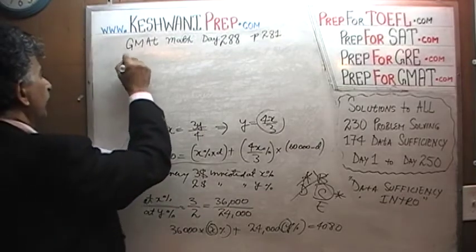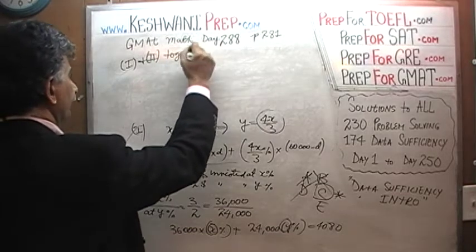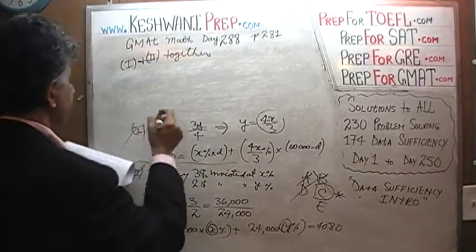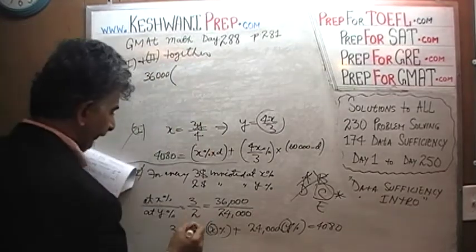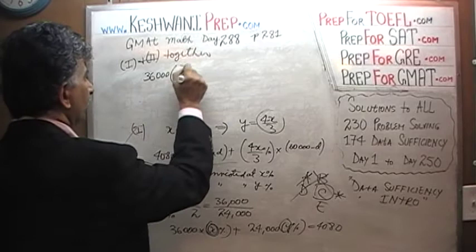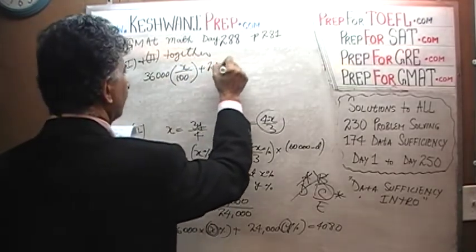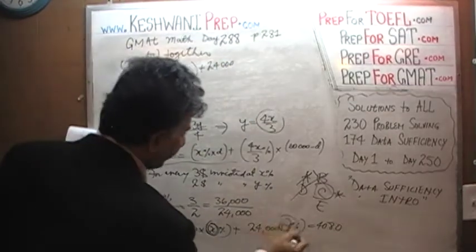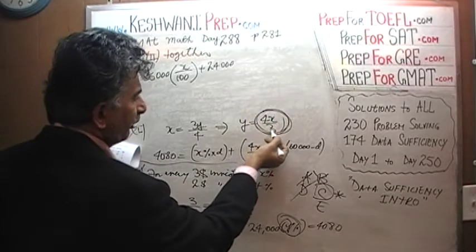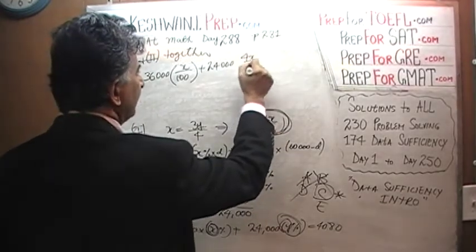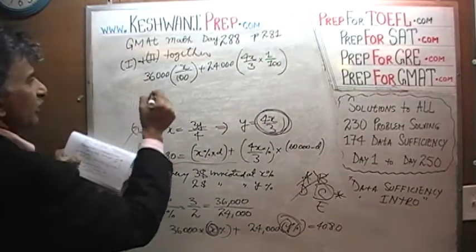If you put 1 and 2 together, we know that it's 36,000 of X percent, which is X over 100, plus 24,000 of Y percent. But Y, we know from the first statement, is 4X over 3 percent. And that amount has to equal 4,080.